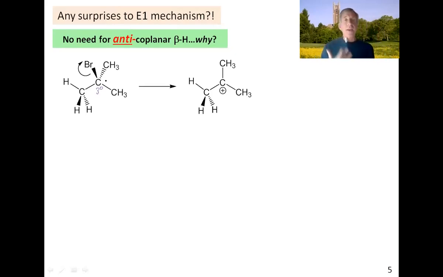And so it is very, very happy to just lose the bromide and become a tertiary carbocation. But if I don't have a strong base, I could do this E1 carbocation SN1 mechanism and just have the leaving group fall off and make this beautiful, stable tertiary carbocation.